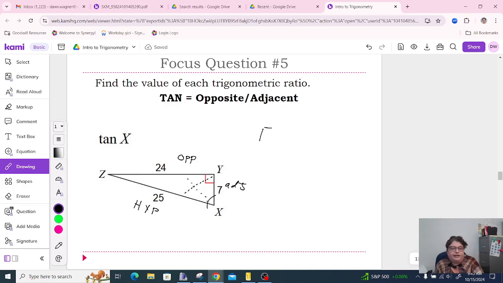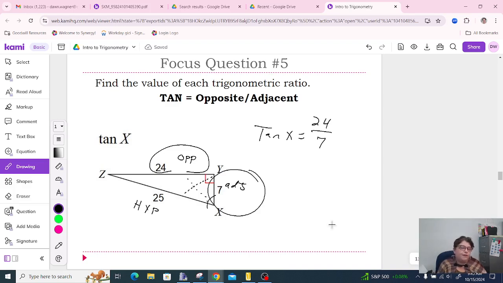So tangent of X is equal to 24 over 7. Can this be reduced? No. It's improper, but that's okay. In higher level math, most of the time you leave things as fractions, but you reduce.